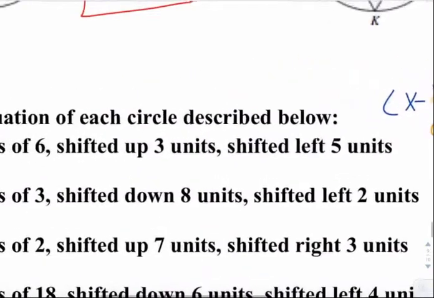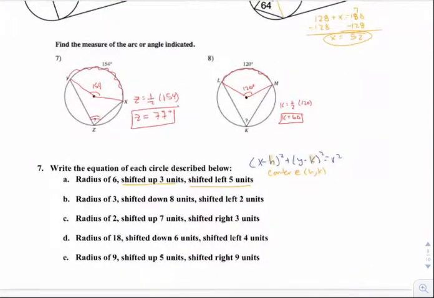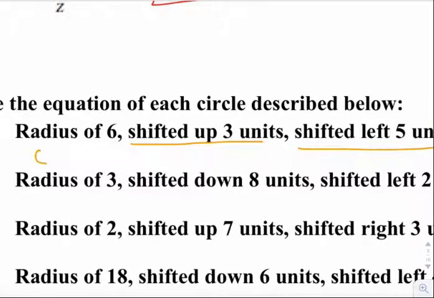Allow me to demonstrate. All right, so if we shift up 3 units and shift left 5 units, and we're assuming that we're starting at 0, 0, by the way, that puts my new center at -5, 3.